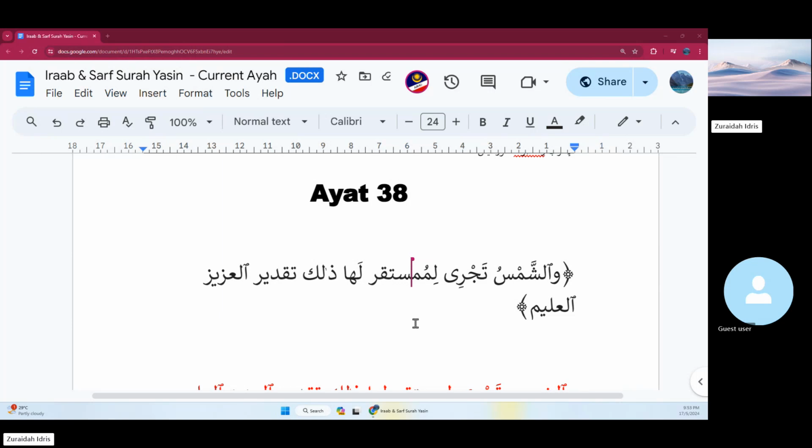When you want to emphasize a verb, you have this la and either a nun shadda or a nun sukun, which is a nun hafifah that we use for emphasis. I don't know whether you learned that. I think you have, right? Don't know whether I have an example here. Okay, I won't disturb you now.